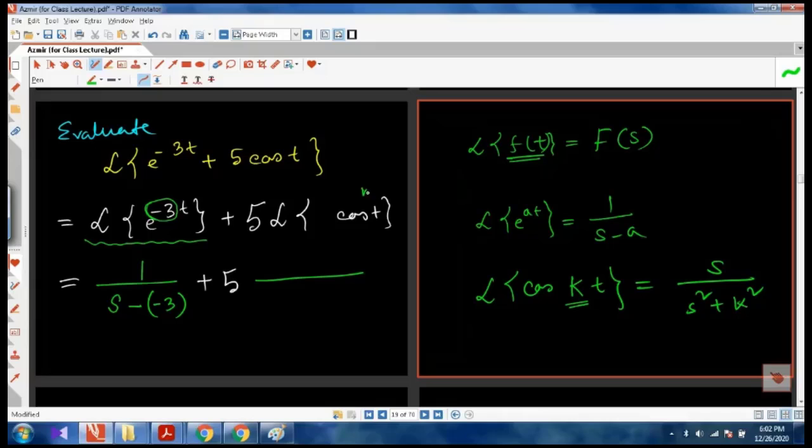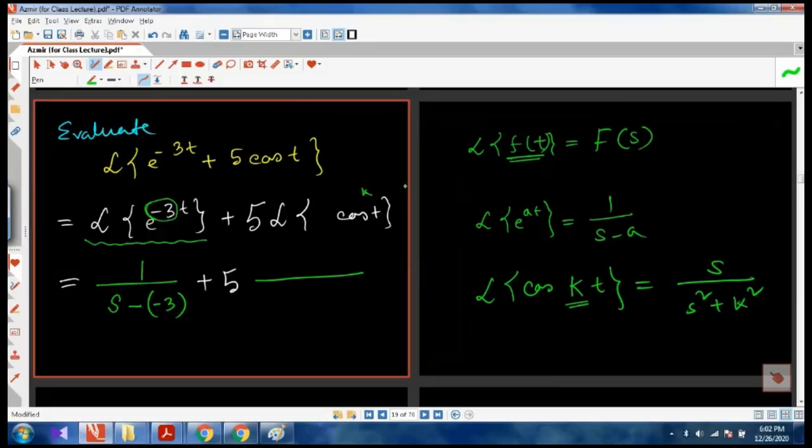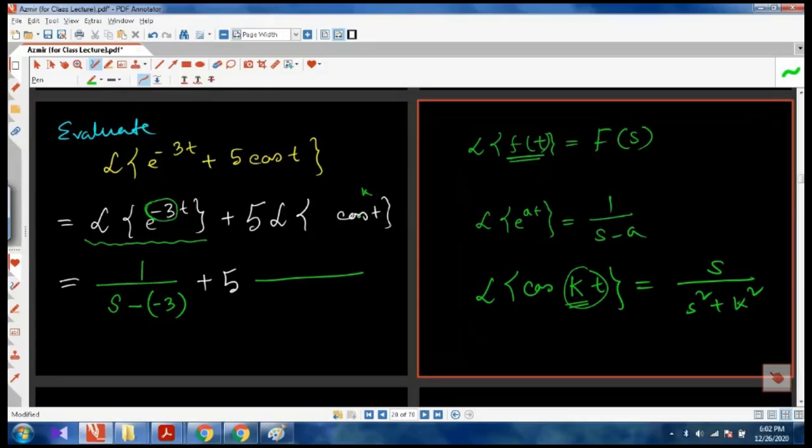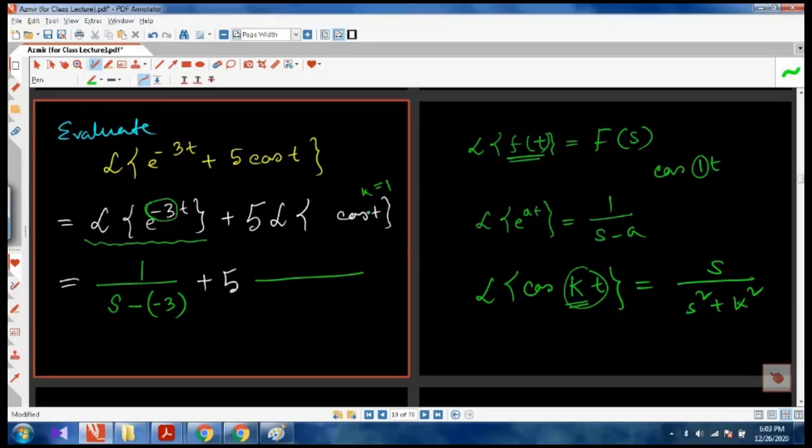So what will be the k value? No. Cosine kt. That means we actually have cosine 1t, right? Yes, sir. So the value of k is 1. Thank you for your comment, but actually we need sometimes response, otherwise we will not get the inside part.